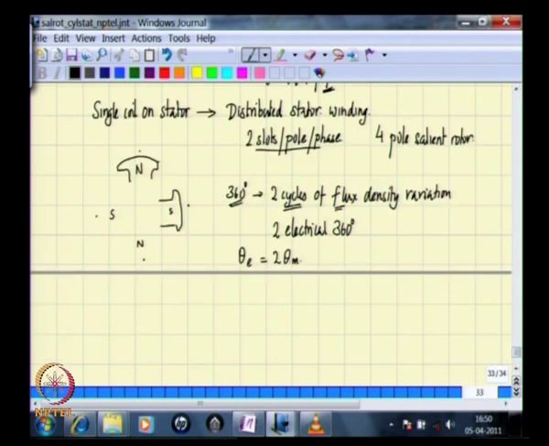Now, if we say this, then it means that over this part the flux density goes from north to south.